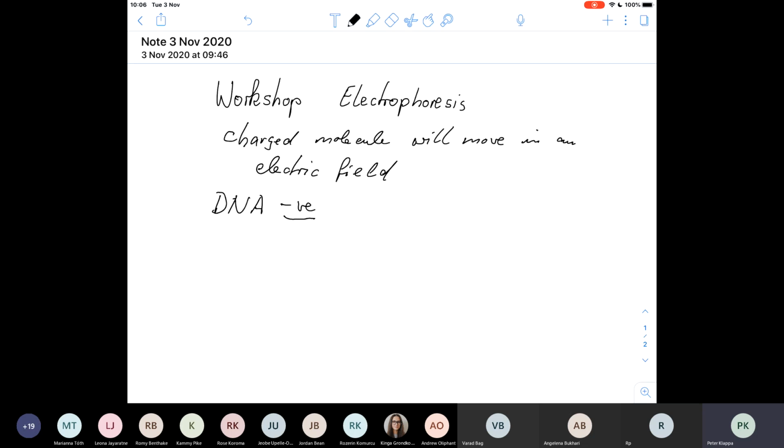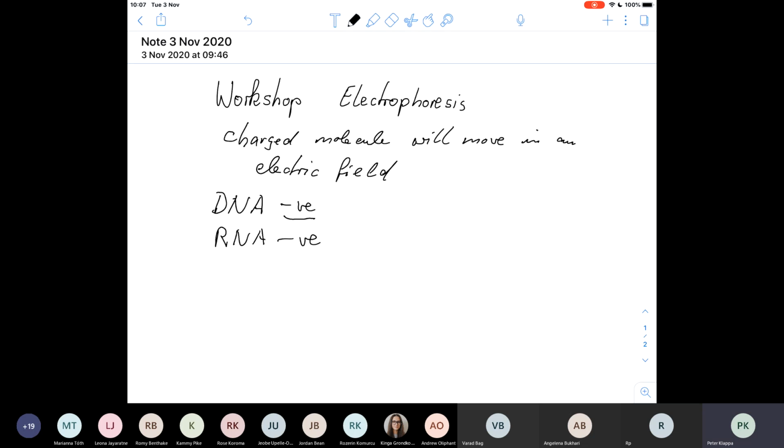We can also do electrophoresis with RNA. How is RNA charged? Of course, RNA is also negatively charged.